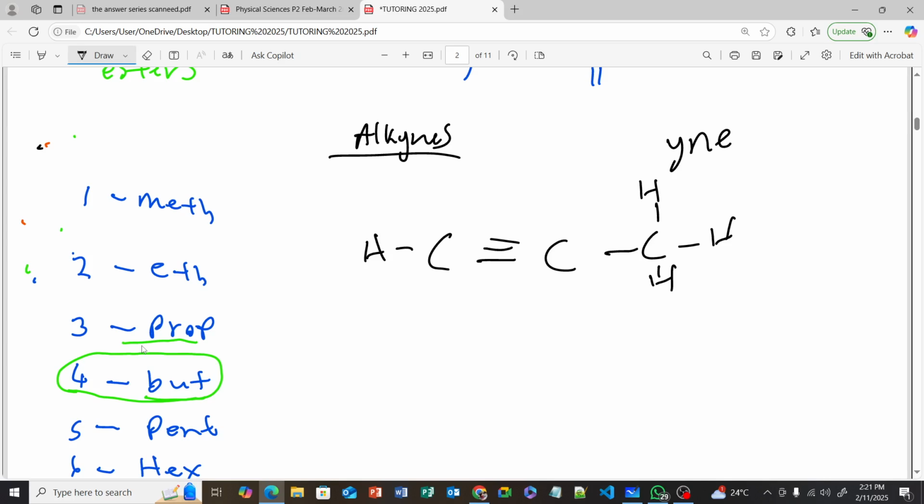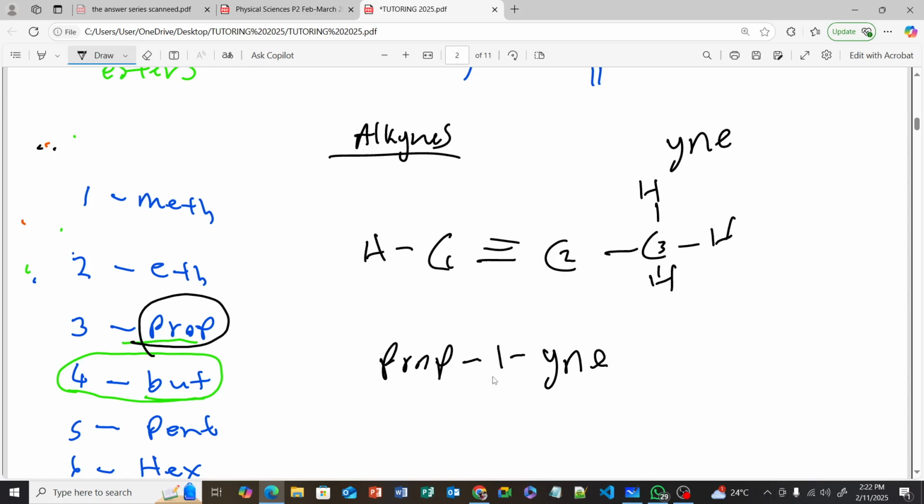Just like the numbering that I've done previously, we check the position 1, 2, 3. So the triple bond is at carbon number 1. So you need to specify -1- dash, then the suffix is yne. So it is propyne, but you need to show that it's prop-1-yne because of the position number 1 of the triple bond.